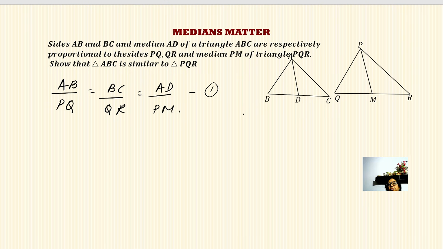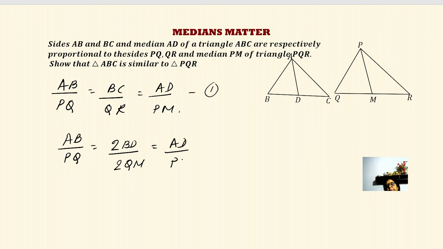So now we take this relation that we are given, AB by PQ. We know that D is the midpoint because AD is the median. So BC can be written as 2 times BD. Similarly, QR can be written as 2 times QM. This is equal to AD by PM.